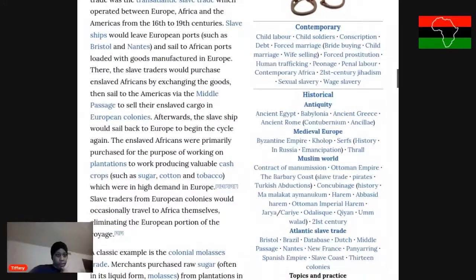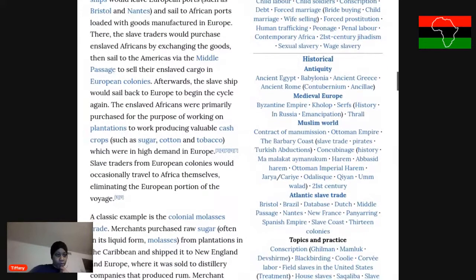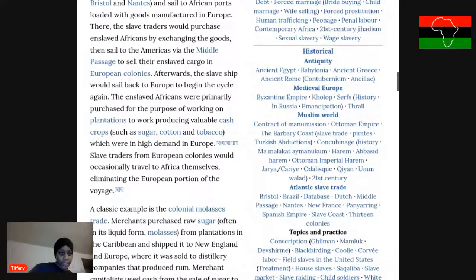There, the slave traders would purchase enslaved Africans by exchanging the goods, then sail to the Americas via the Middle Passage to sell their enslaved cargo in European colonies. Afterwards, the slave ship would sail back to Europe to begin the cycle again.